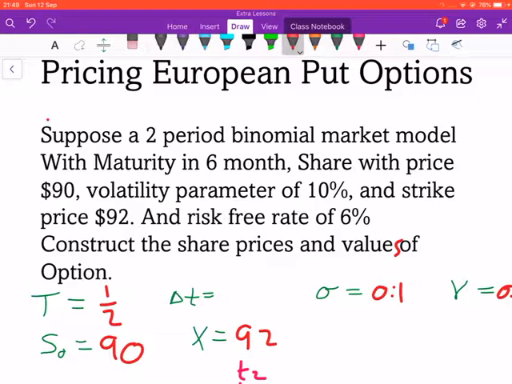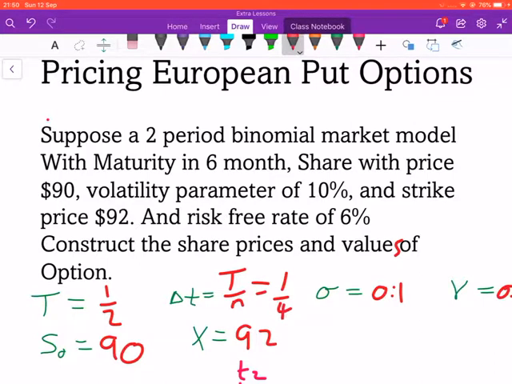So another piece of information that we need is the difference of times. I have already stated that to find this, you will have to say T over N. We know that we have 2 periods, so it's going to be 1 over 4.